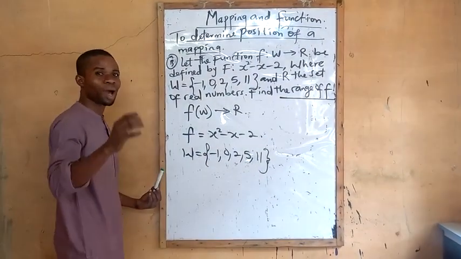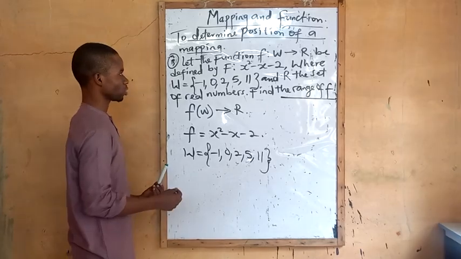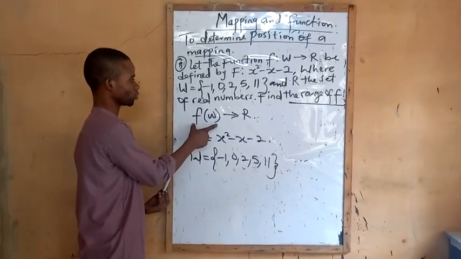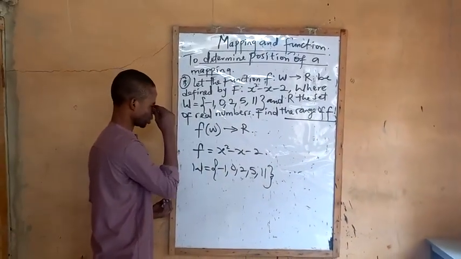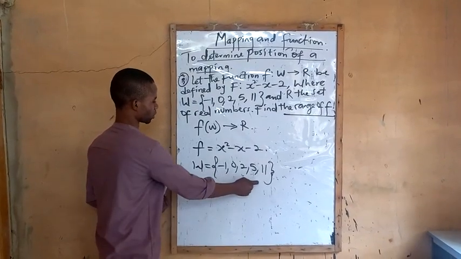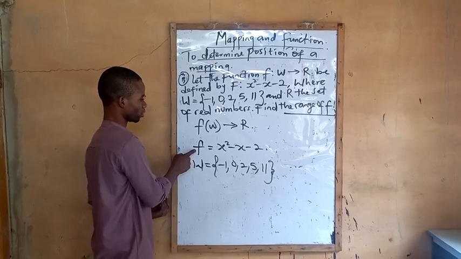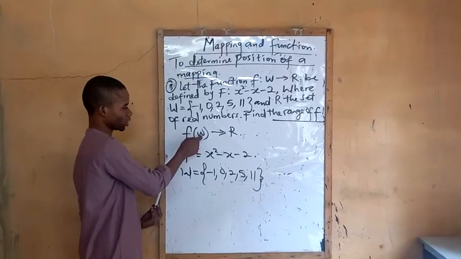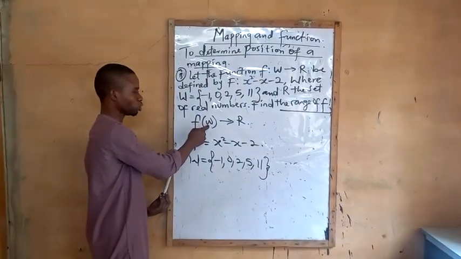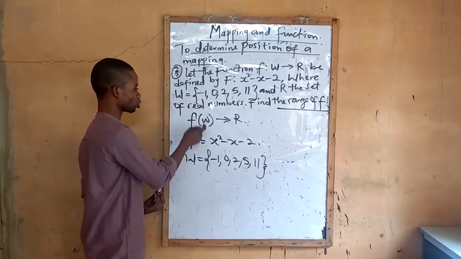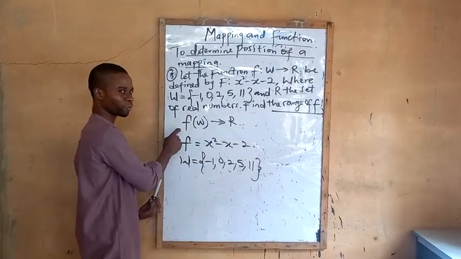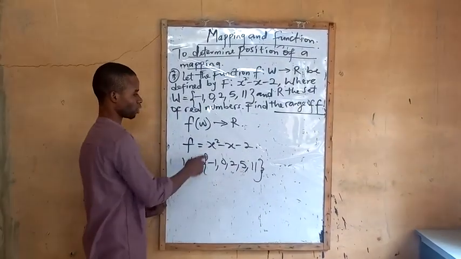Now, if you look at this, they are given f of w, and they said w is this. W is this, and this is f. That means I'm going to substitute all the w inside f. What is f?